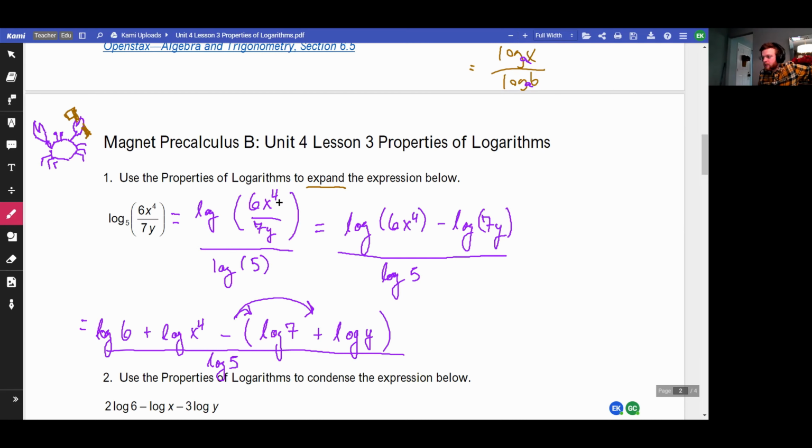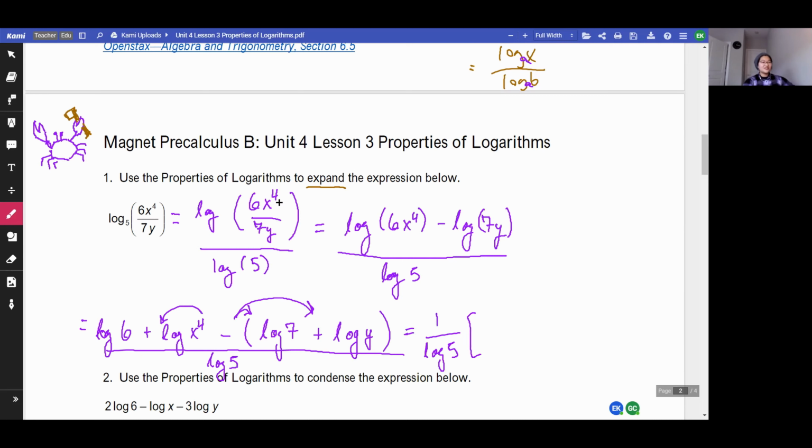I think there's one last thing we can do though. Yeah, because we have log of x to the 4th, so we can pull the exponent in front, which I will rewrite because that's the responsible thing to do. I'm going to do 1 over log of 5 times all of this, because I don't want to get burned for dropping the denominator.